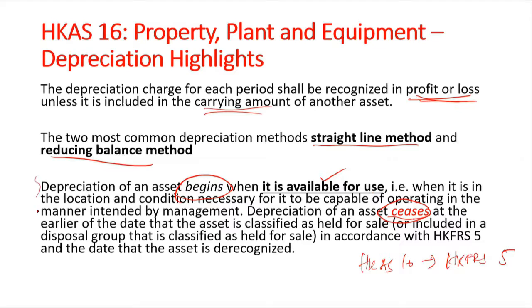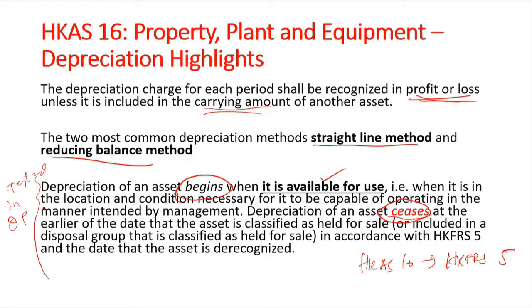And this is very common. Tested in the QP sometimes. So whenever you are reading questions, if there's a question on PPE, you must be careful in reading the questions, because reading questions is very important in professional accounting exams.